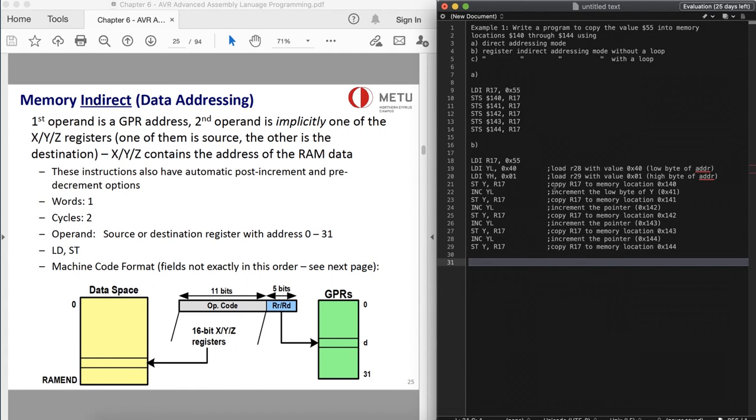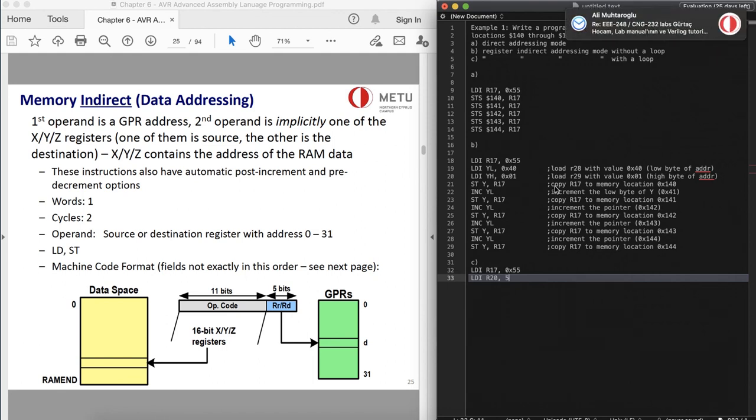Now, in this case, let's see over here, LDI R17 0 hex 55. Now we define that again. LDI R20, we need a counter, so let's make that counter to be 5.